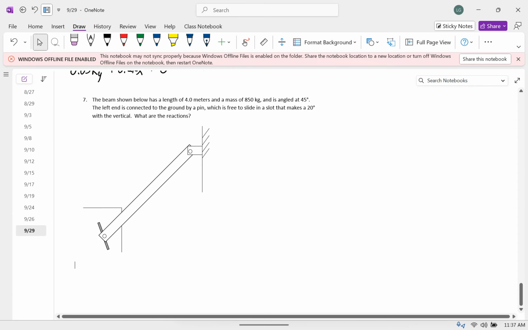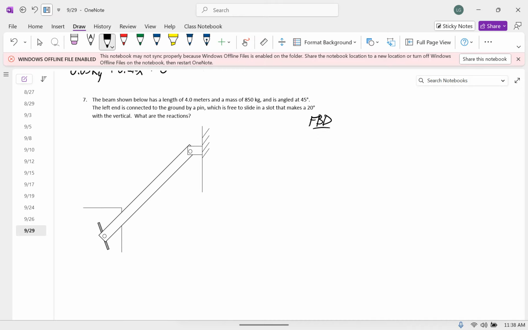So a free body diagram. Let's see. The beam itself is at an angle of 45 degrees with the horizontal or the vertical. And the slot is 20 degrees from the vertical. So we can think of this angle here is 20 degrees. And this angle here is 45 degrees.